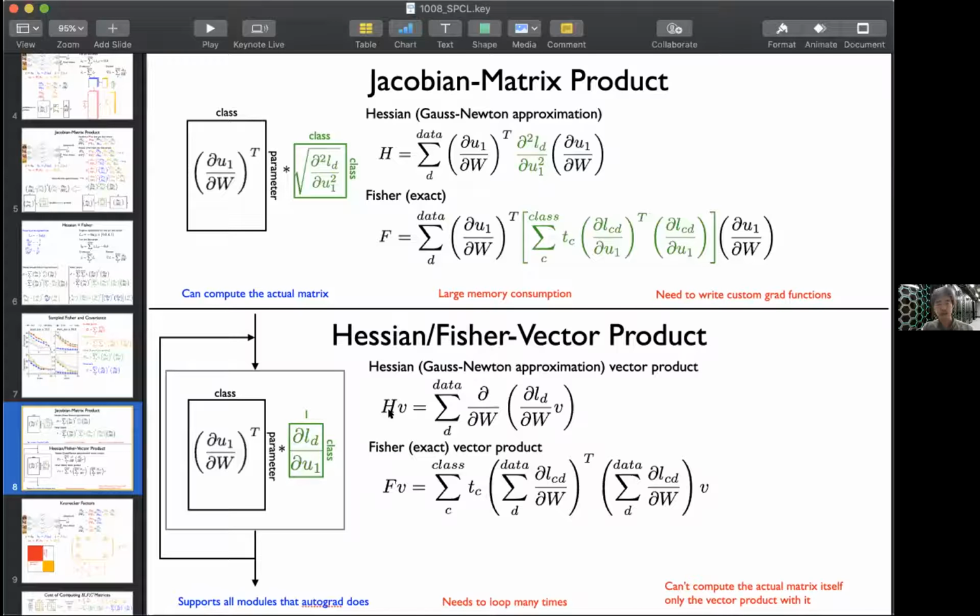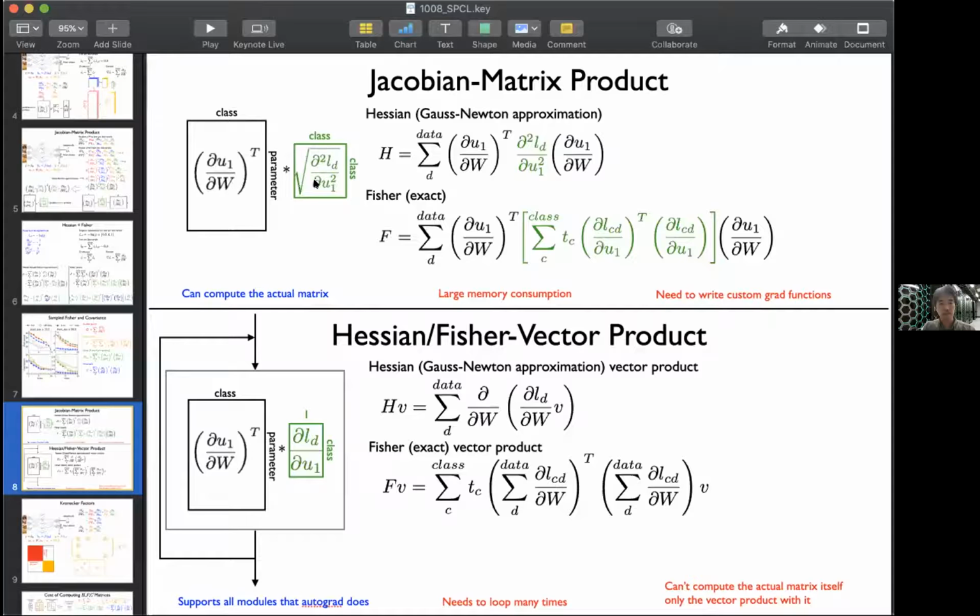You can't extract the H from it. So if you want to manipulate the H or store it or factorize it and use it afterwards, if there's any kind of usage for the matrix itself, then Hessian vector product is actually not sufficient. So the good thing about the Jacobian matrix product is that you can actually obtain the matrix itself.